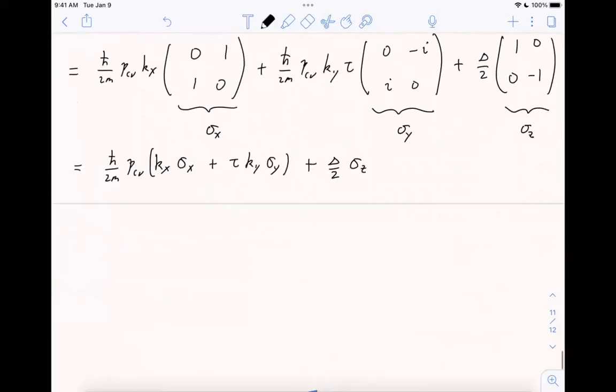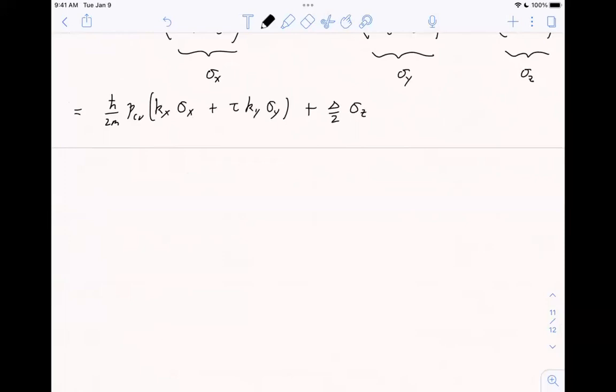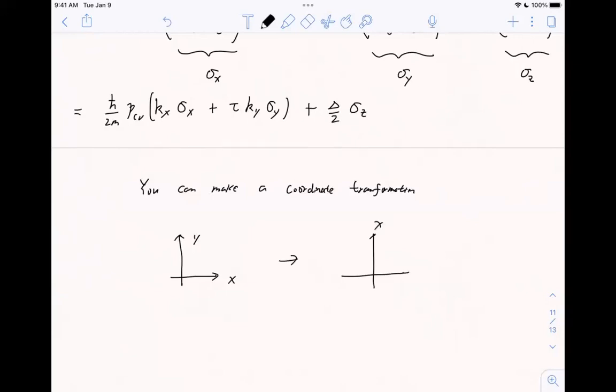Okay, so now you can actually make a coordinate transformation. Initially you have X and Y. You can change it into X and Y, just rotate by 90 degrees.